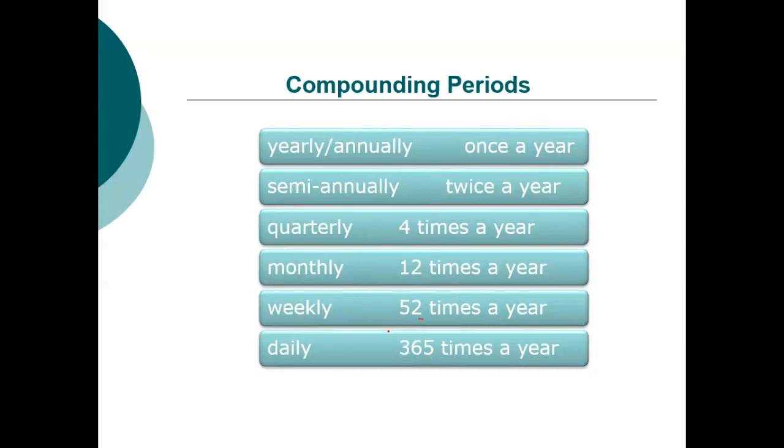And daily, it's 365 times a year. There's also bi-weekly that's sometimes given, which is going to be 26 compounding periods. I think that should cover most of the ones that we're going to look at.